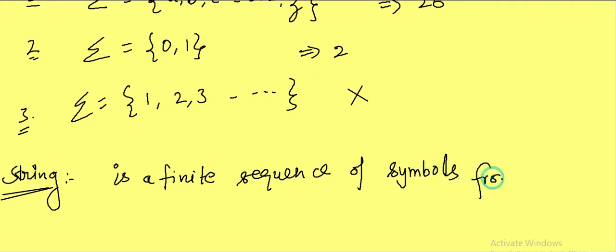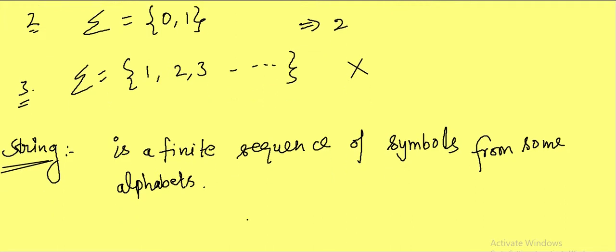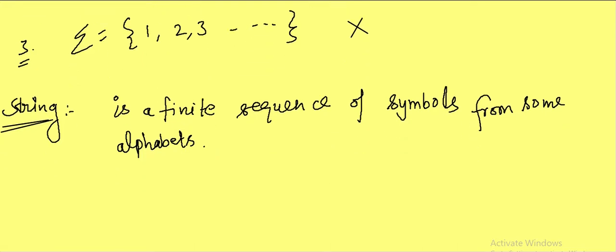You know about alphabets: an alphabet is a finite and non-empty set of elements or letters, which can be numbers or A, B, C or whatever, which is finite. So a string is again a finite sequence of symbols from some alphabets.